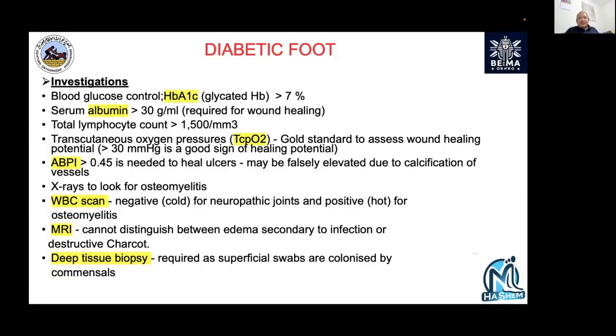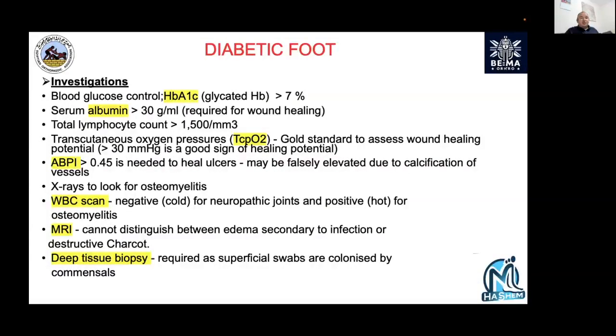X-ray can show osteomyelitis and Charcot arthropathy or destruction, but definitely X-ray isn't the best investigation to show osteomyelitis. The leukocytic scan is very, very sensitive to infection. It can give you a positive hotspot if the patient has osteomyelitis or infection, and will be negative if it is just a neuropathic or Charcot joint.